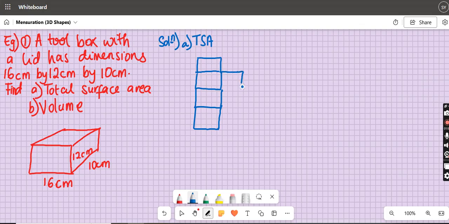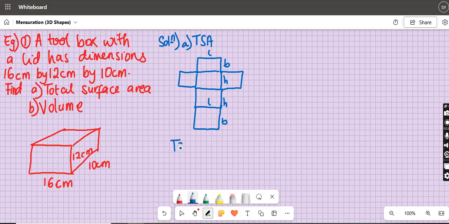We have our 6 rectangular faces: length times breadth, length times height, breadth times height, another length times height, and another length times breadth.